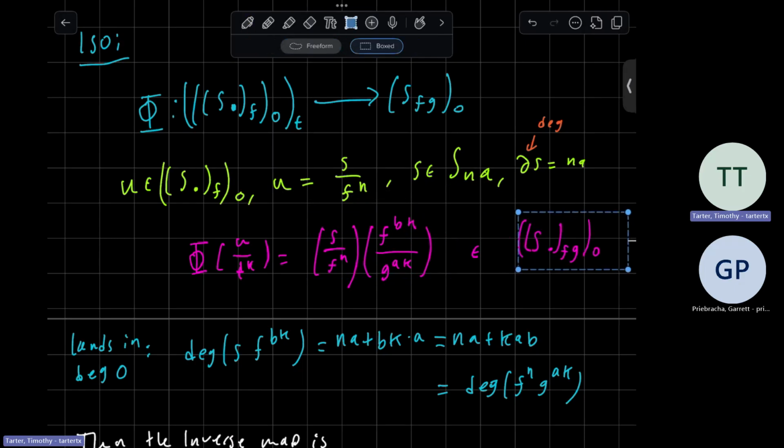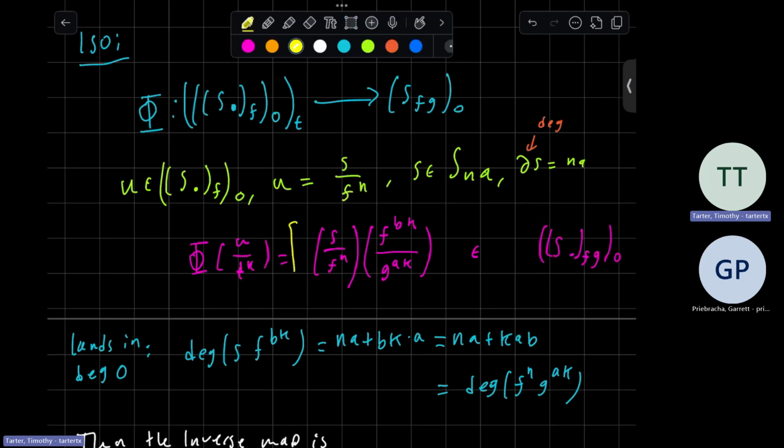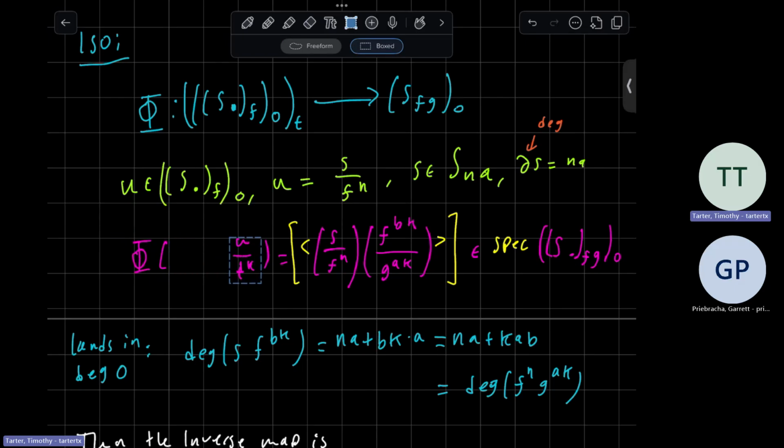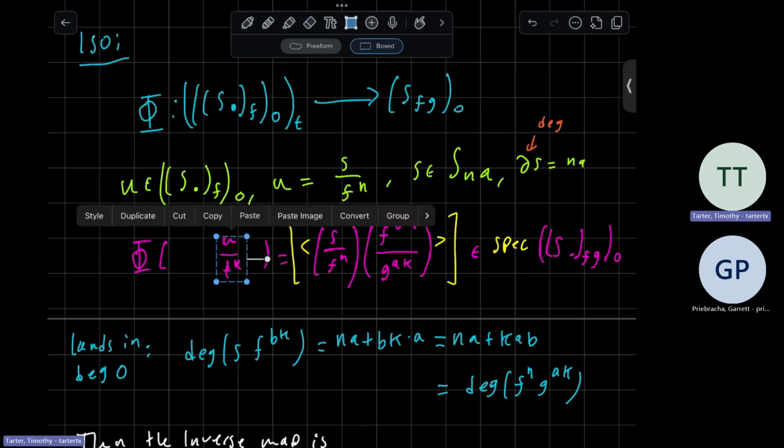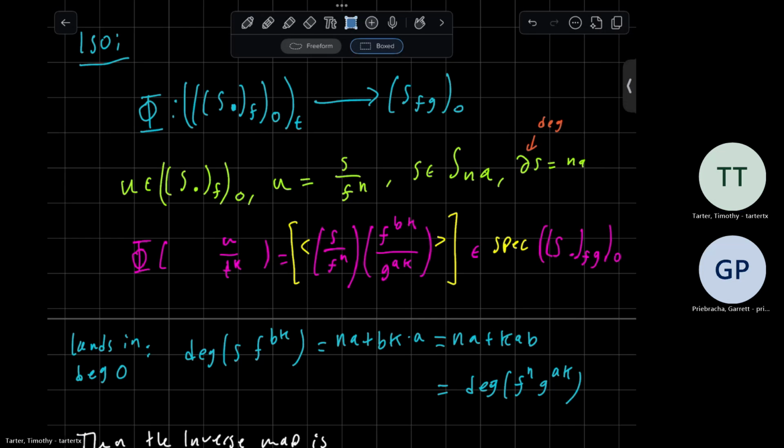So instead of being in just the zero grade, we want this ideal in Spec. But then similarly, we don't want just this polynomial. We want what it corresponds to in Spec. I think that fixes it.